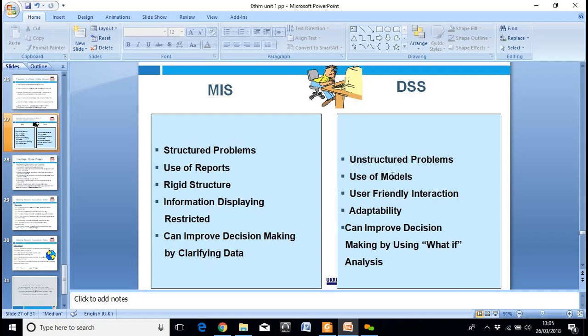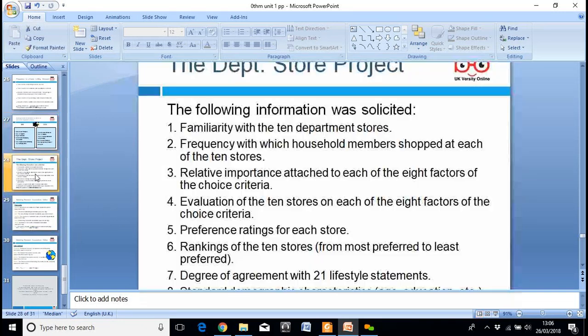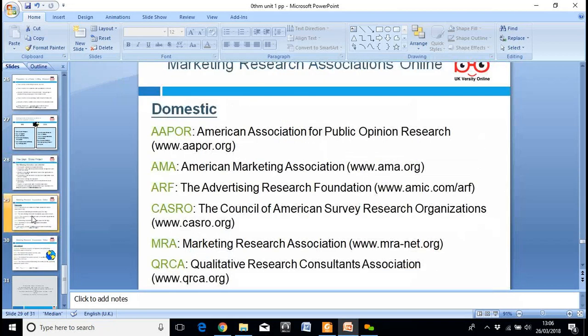For unstructured problems, you can use models and user-friendly interaction. Our adaptability can improve decision making using a what-if analysis. That's part of developing your question. If there's an issue, we can look at it, but at the end you may have to modify things if you come up with a solution. There might be a what-if analysis at the end of it. We're not doing that as a project.